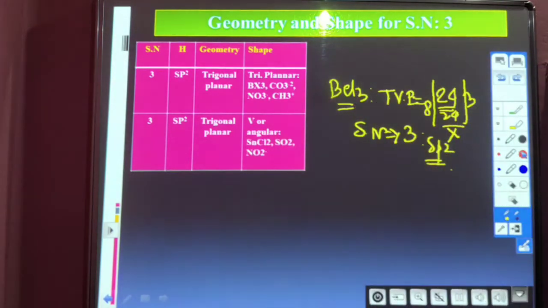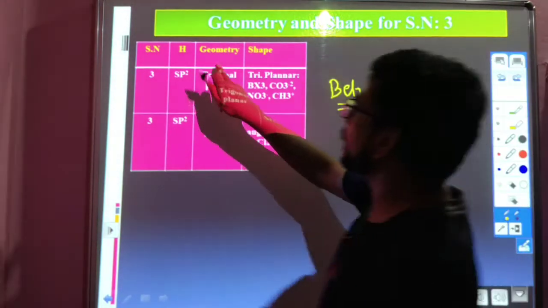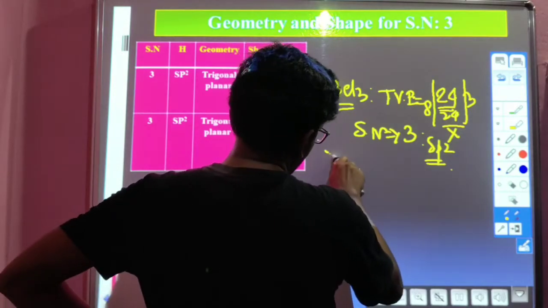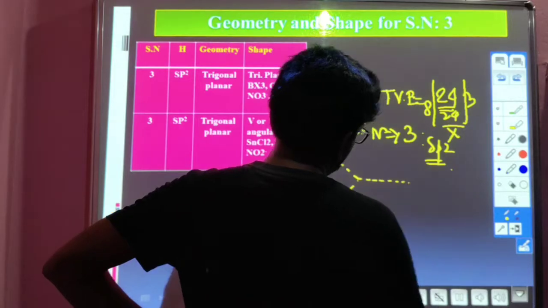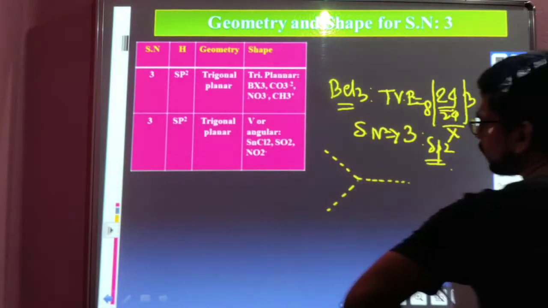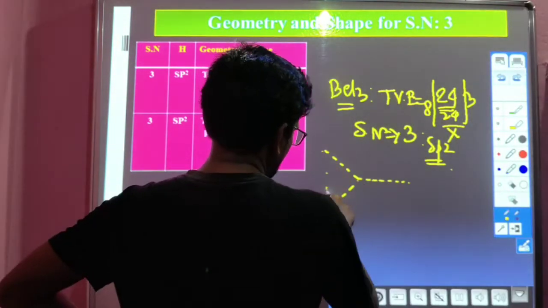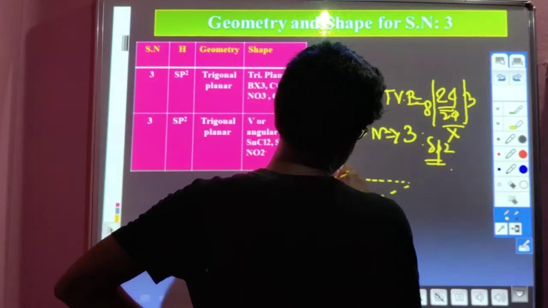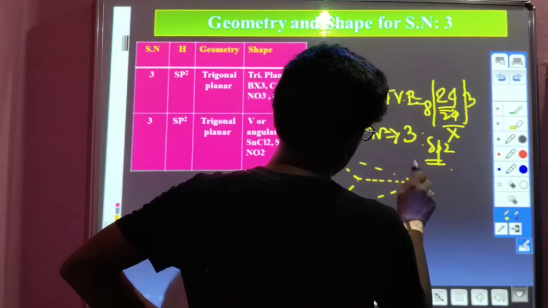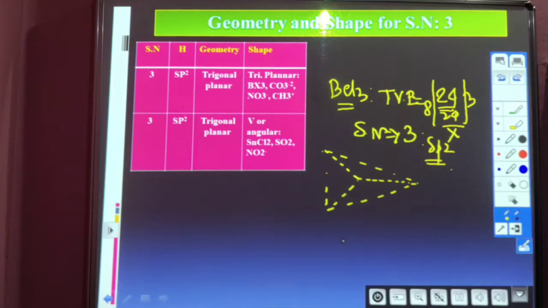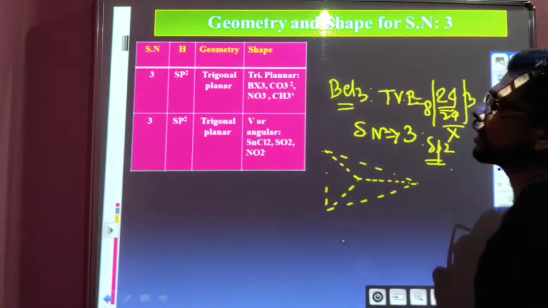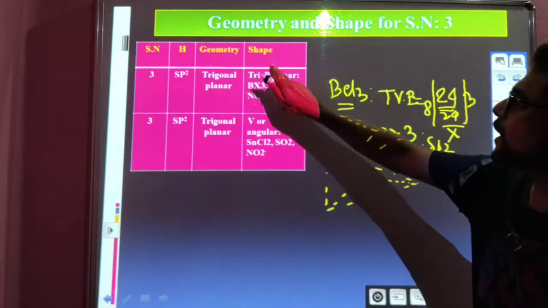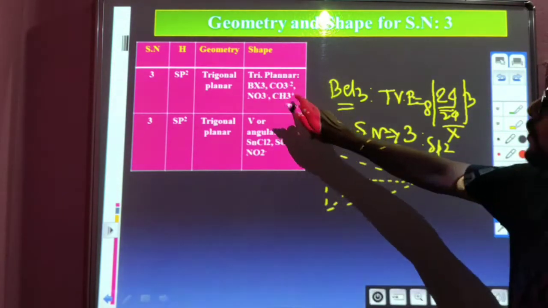Once you get the hybridization sp2, it will be trigonal planar. So for sp2 hybridization, the geometry will be trigonal planar. What about the shape? Shape will also be trigonal planar.